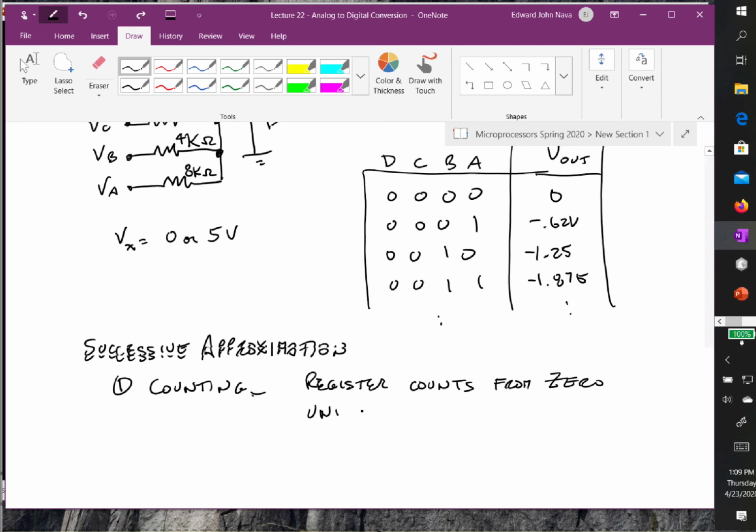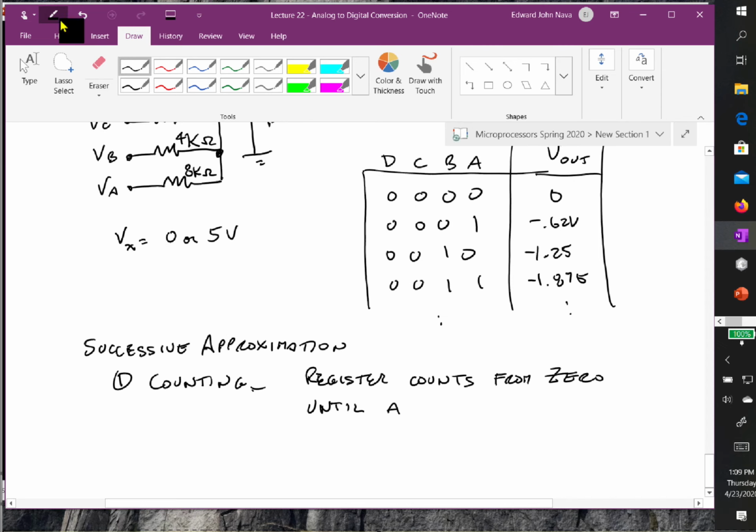Until ADC, until op-amp comparator. I'm not able to spell today here.